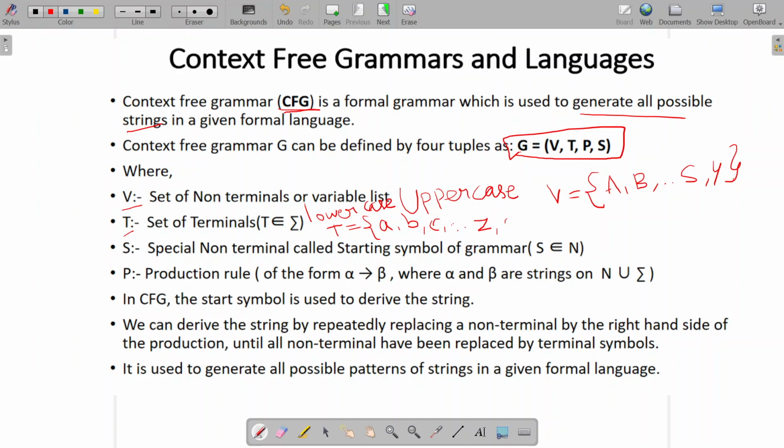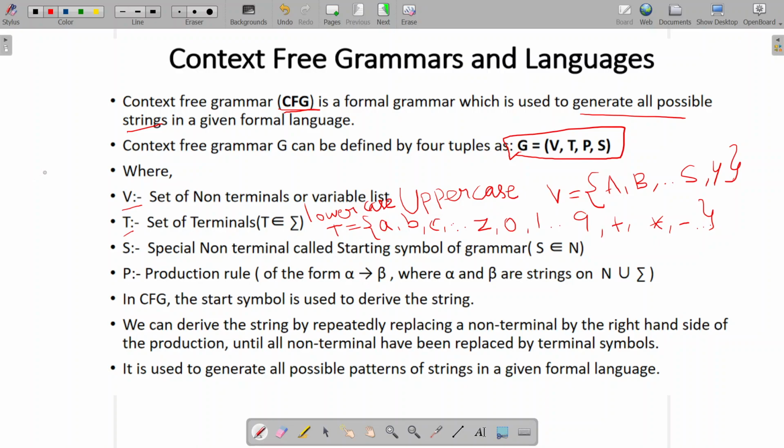In addition, if I want to include the numbers 0, 1 to 9 and special characters or operators like plus, star, minus, all these symbols can also be included in the terminals. Remember, uppercase letters always represent non-terminals, whereas lowercase alphabets or symbols represent the terminals.